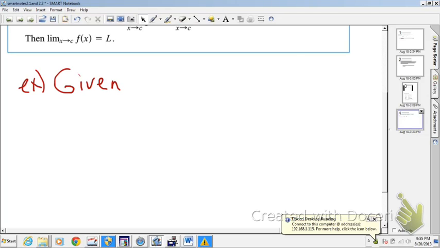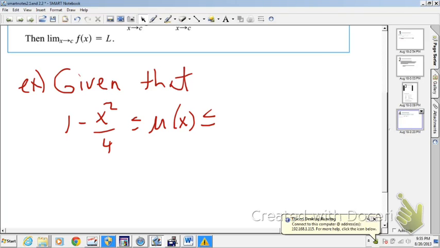Given that 1 minus x squared over 4 is less than or equal to u of x, which is less than or equal to 1 plus x squared over 2, the author wants us to find the limit as x approaches 0.